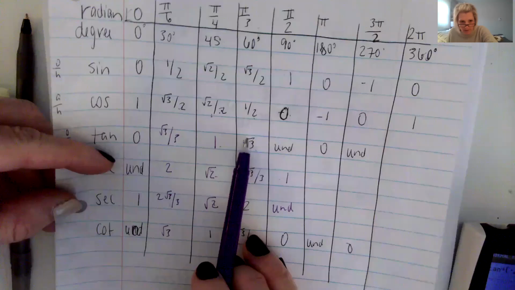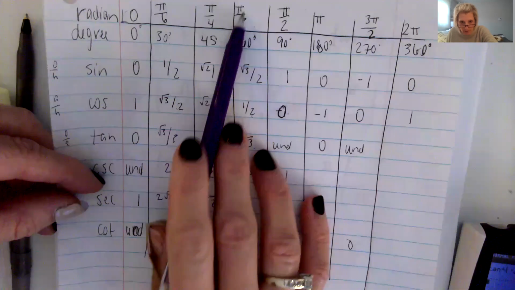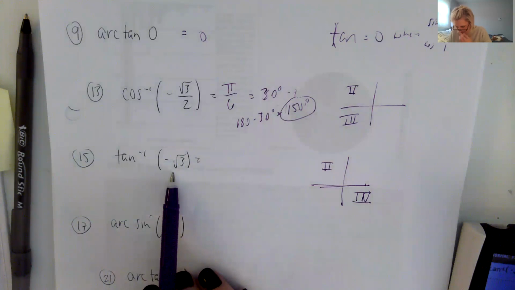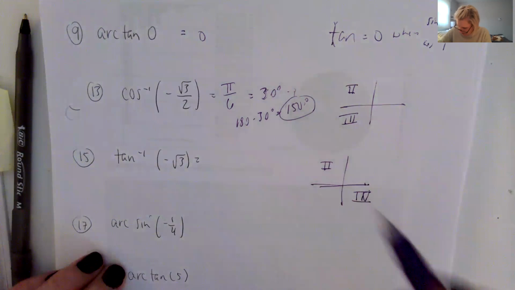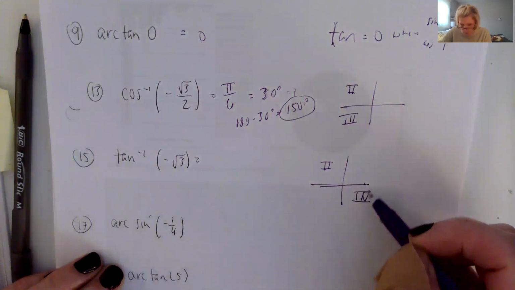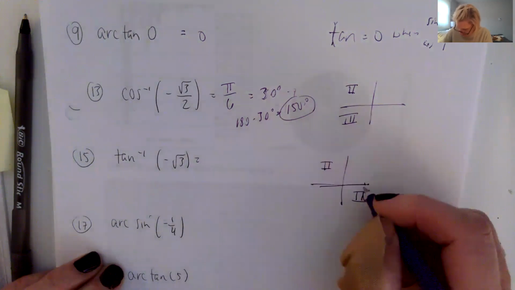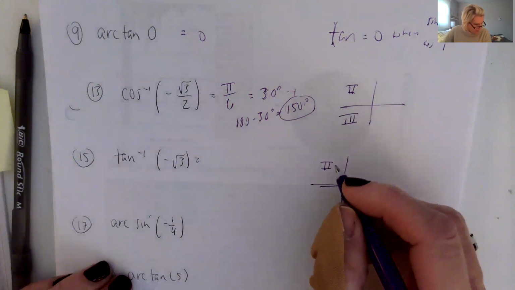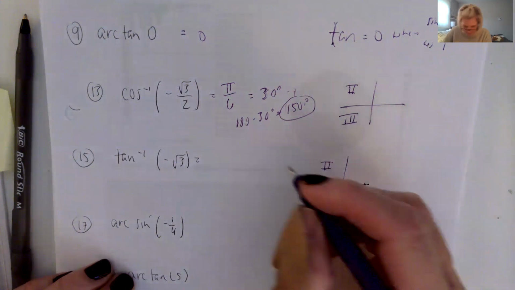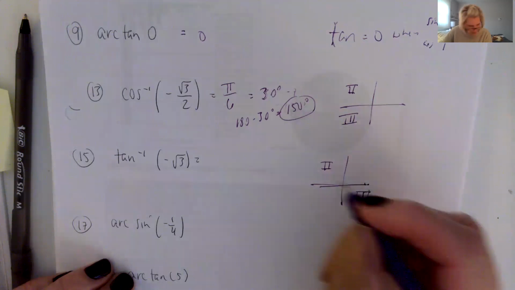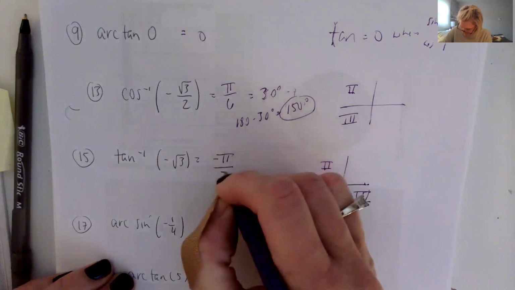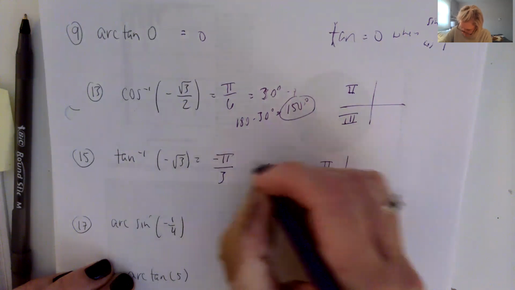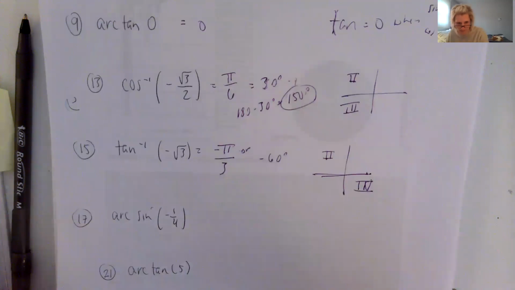And we can see that tangent is the square root of 3 at pi over 3 or 60 degrees. But we want to know where it's negative. So that is going to be in the fourth quadrant. So that's going to be negative 60 degrees, so negative pi over 3, or negative 60 degrees.